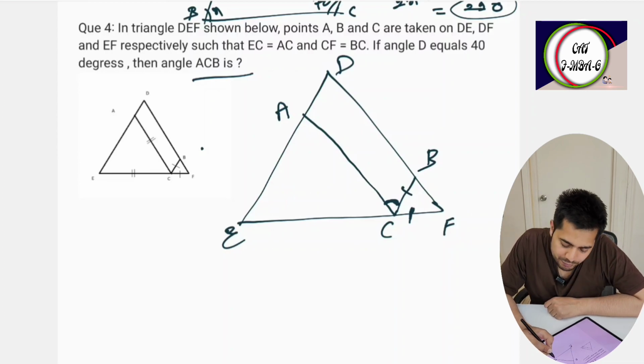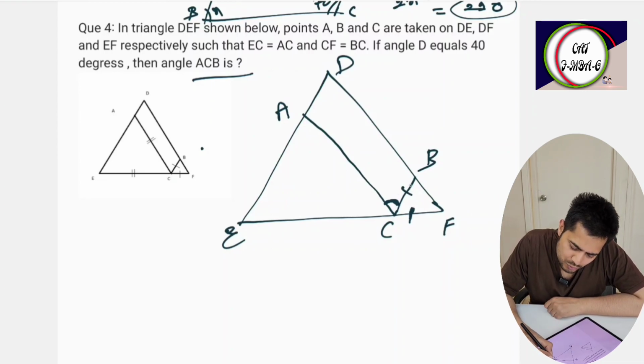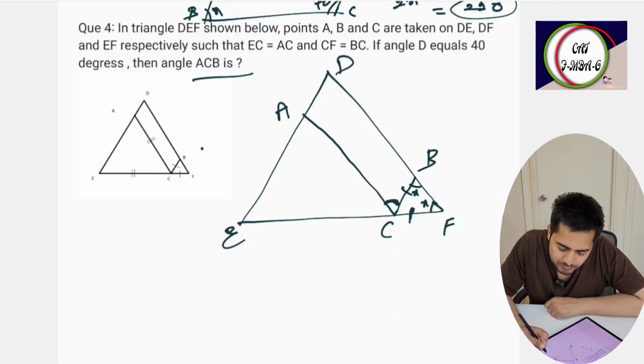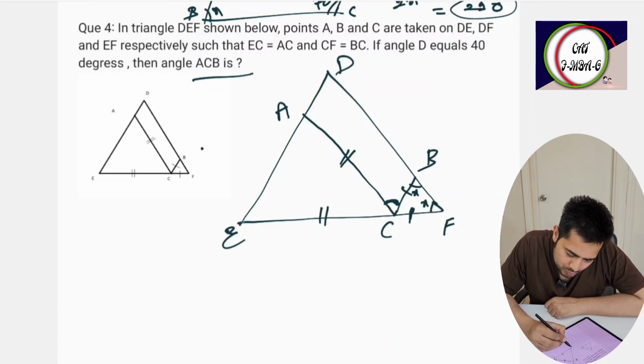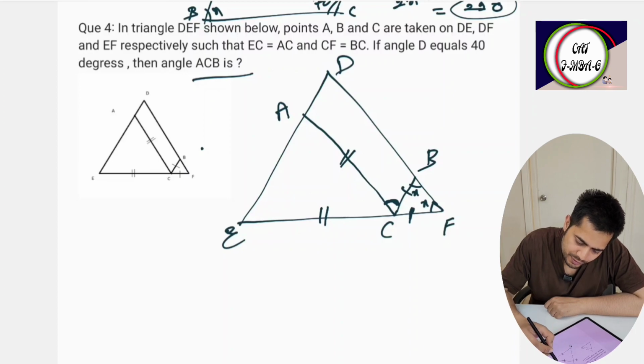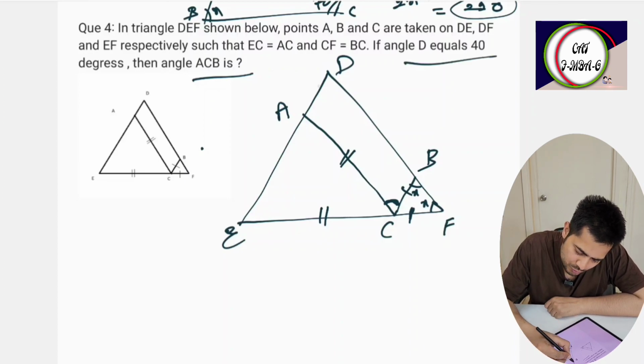See, BC is equal to CF, so this is X, this is X. And AC is equal to EC. Also it is given that angle D equals 40 degrees, so this is 40.